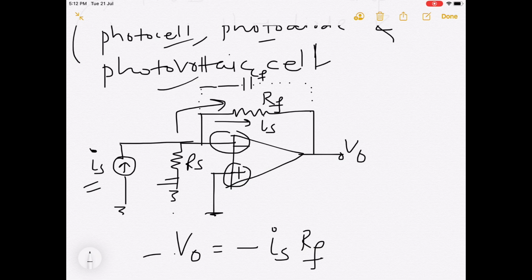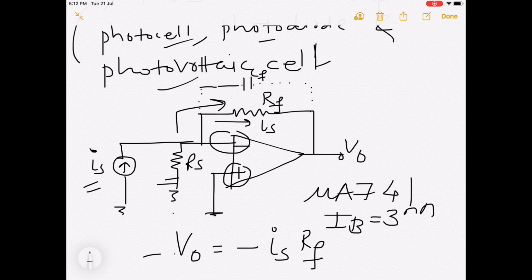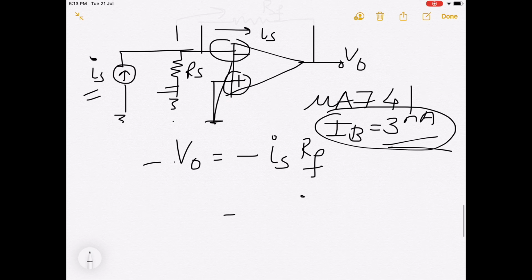IB is the bias current of the op-amp. Suppose mu A741 has IB equal to 3 nanoampere. So, these 3 nanoampere can be used to detect lower current. So, the lower current that this circuit can measure will depend on the bias current IB, and that low value of current can be measured using the op-amp.